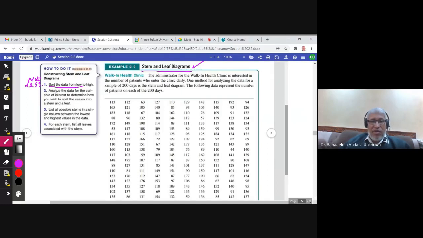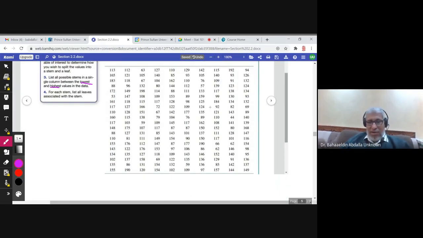The second thing, you need to analyze the data. Look to the data carefully, and you need to find the highest and the lowest value. So if you look to the data, you can look for highest. I have 190.